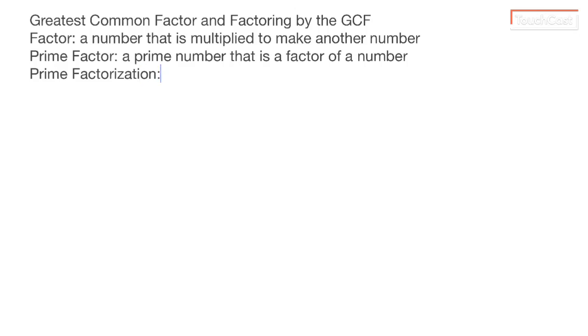Prime factorization is what happens when all the factors are prime numbers. So we'll be breaking up a number into the prime numbers that make it. In fact, that's going to lead me into our first example.